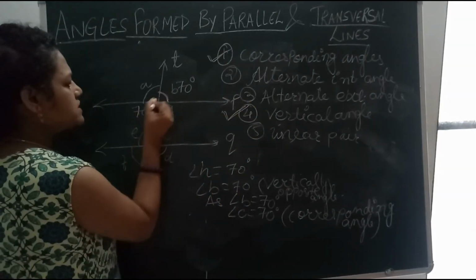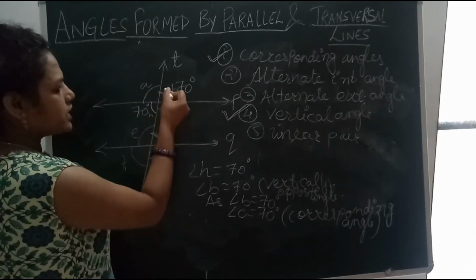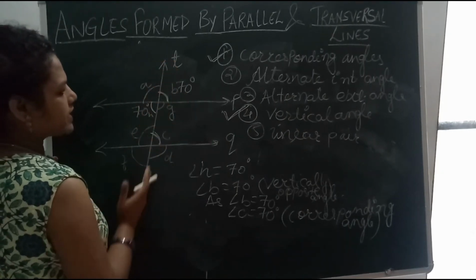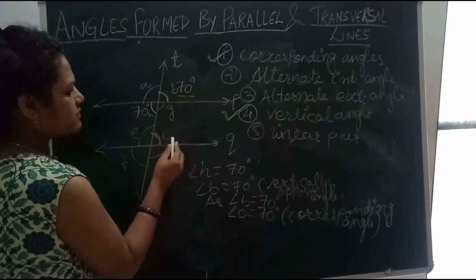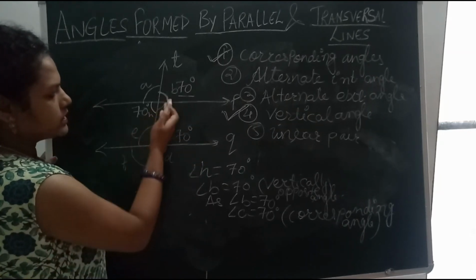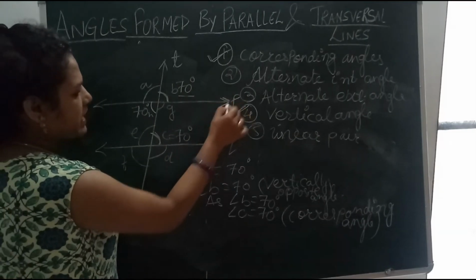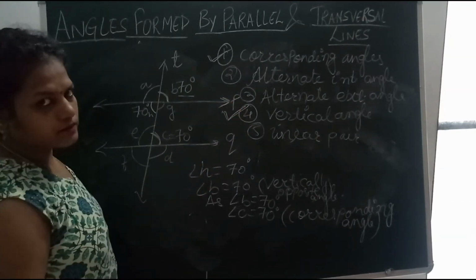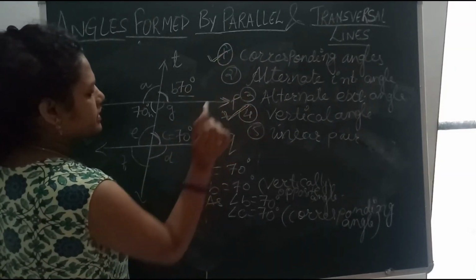Vertical means when they are opposite to each other, and corresponding means the angles form on the same relative position, so as this is 70, this can again be 70. This is between these two parallel lines. The lines should be parallel. So corresponding completed, vertical completed.